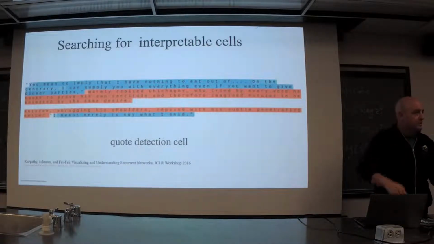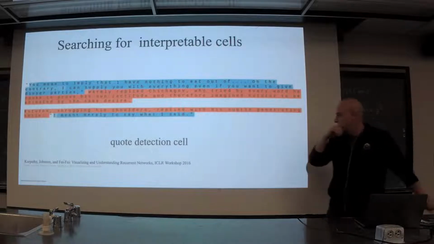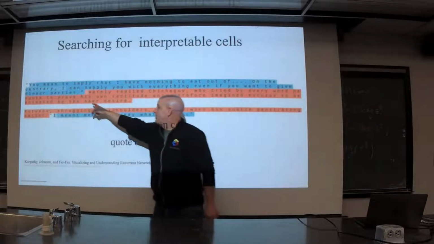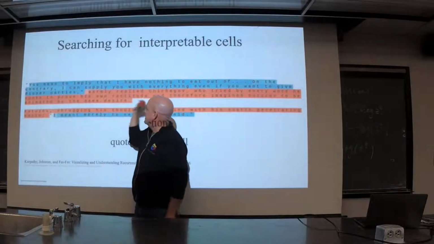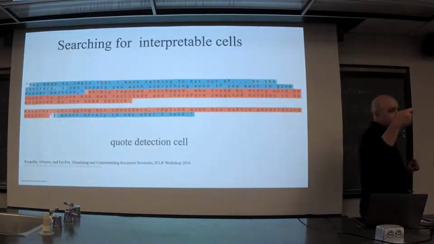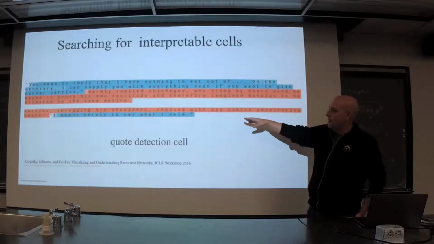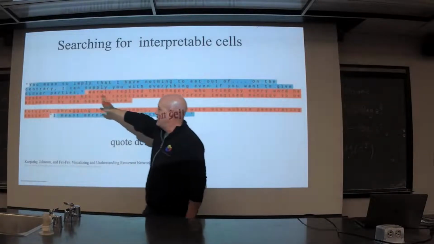That's why it's in blue, very negative activation. And it stays that way until we get to another quote, and then all of a sudden it changes, and now we have very high activation for this particular cell.